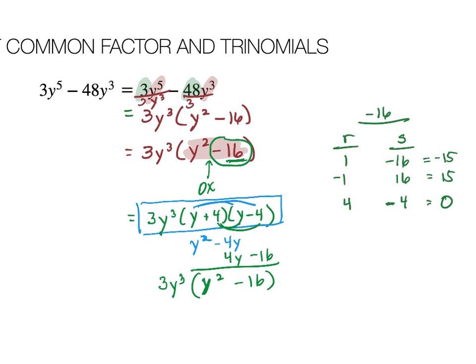We still have to multiply in that GCF to check it. That's 3y to the fifth. We add exponents, minus 48y cubed. 3y to the fifth minus 48y cubed. We are guaranteed that this is our correct answer. 3y cubed times y plus 4, y minus 4.